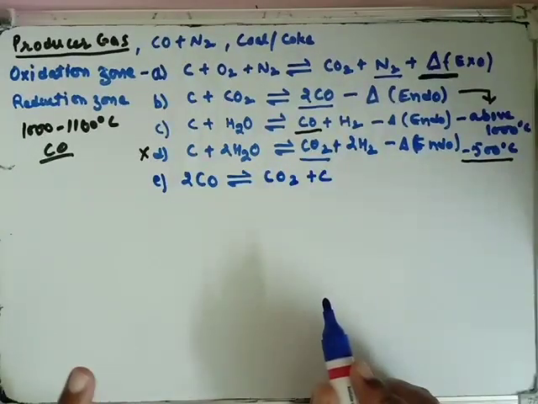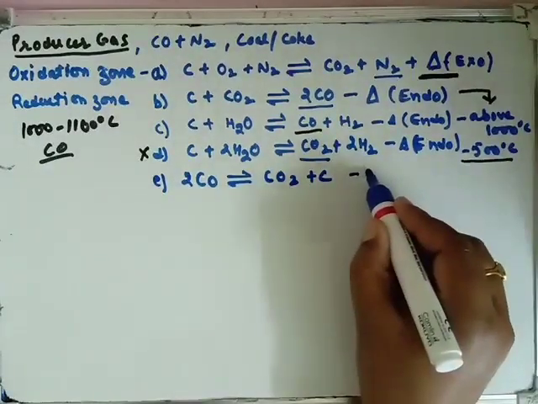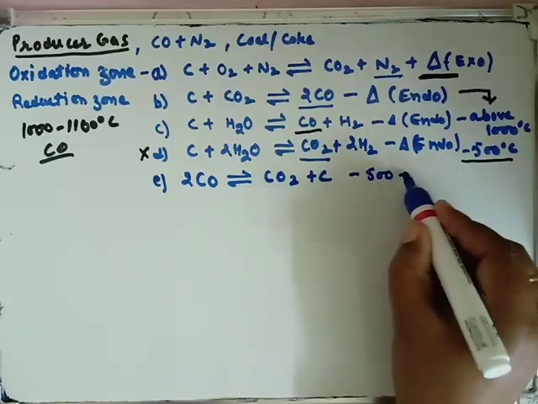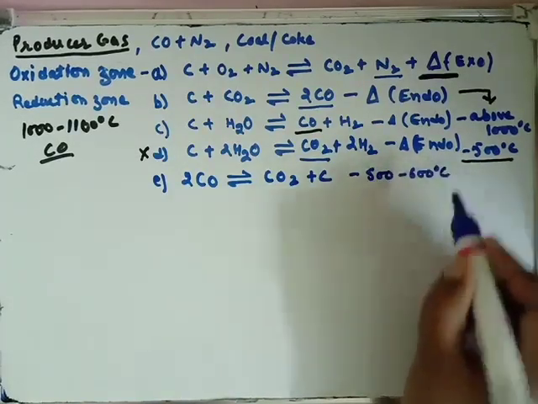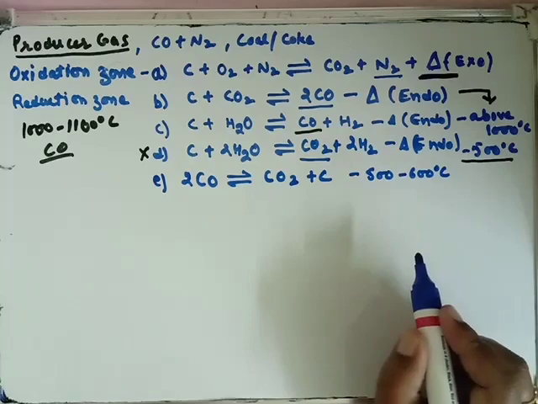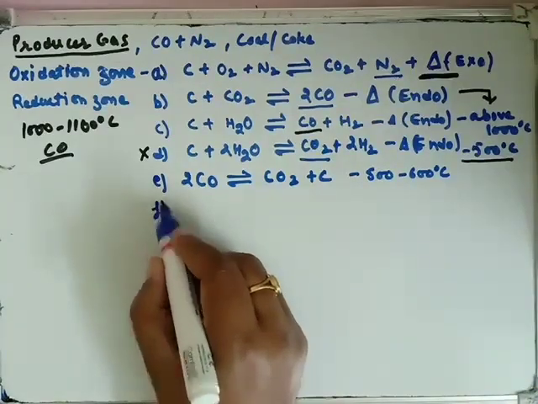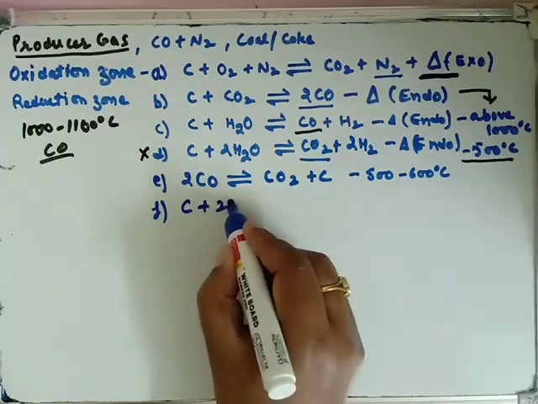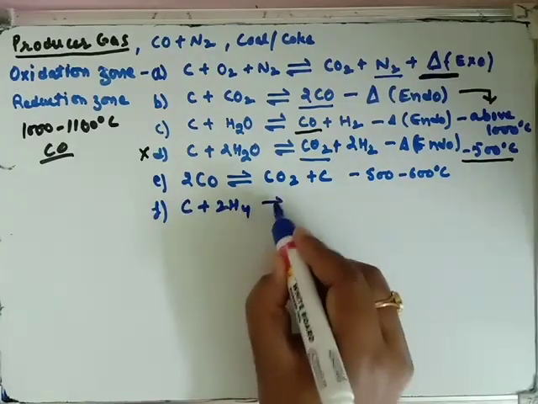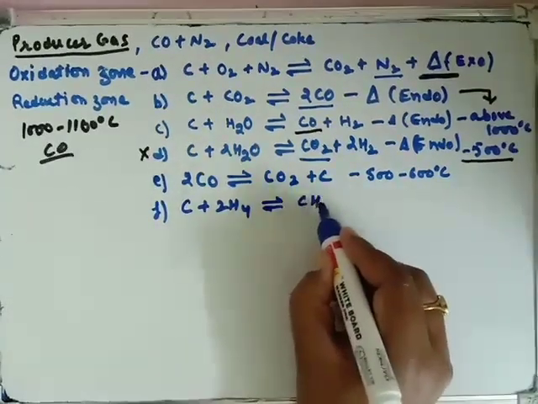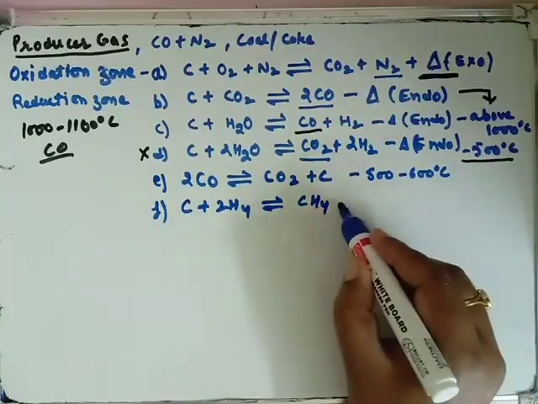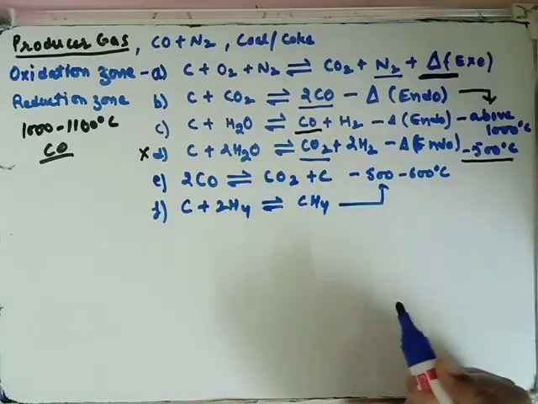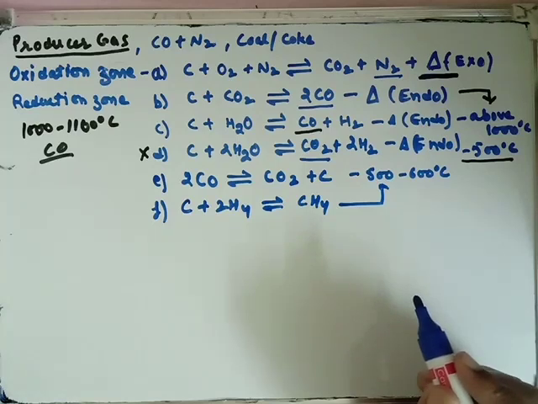This reaction starts when the temperature is around 500 to 600 degrees Celsius in the reduction zone, and it should be avoided, right? Another reaction which starts is that carbon may react with hydrogen to form methane. This reaction also happens around 500 to 600 degrees Celsius.